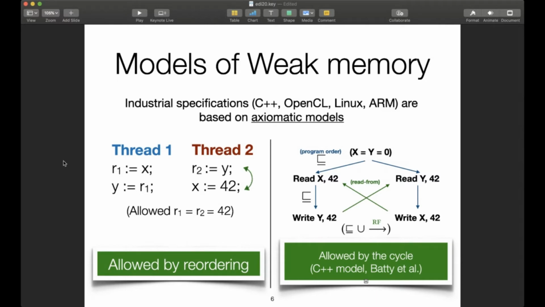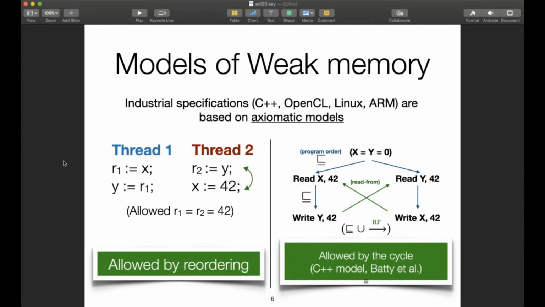And the way an axiomatic model will explain that, I should say, it gives semantics to the program by listing a number of possible executions. Executions are graphs of memory accesses, where each graph corresponds to one path of control flow and one choice of read values. It then builds relationships between those events. So that might be program order.